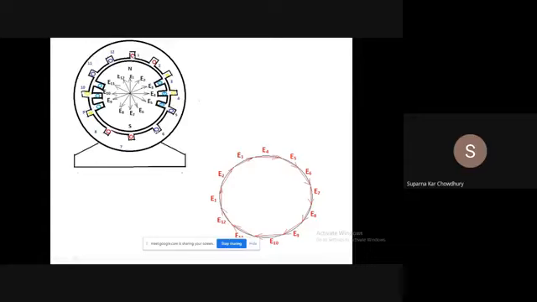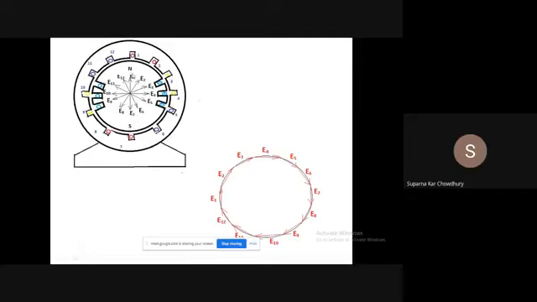Now if we make a coil with conductor 1 and conductor 7, the flux linkage of these conductors is maximum for this particular figure, because the north pole is here and the south pole is here. But we know the EMF is maximum when the rate of change of flux linkage is maximum, and at this peak point the rate of change is actually zero, so the EMF is zero.